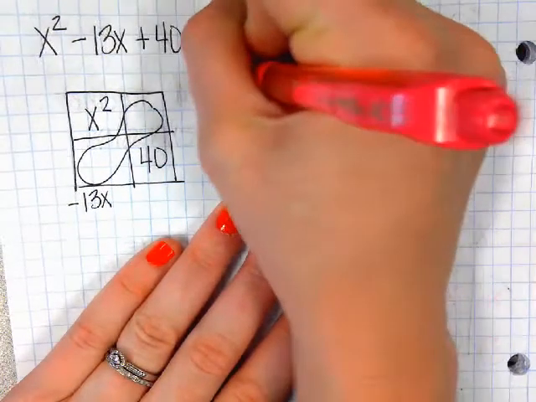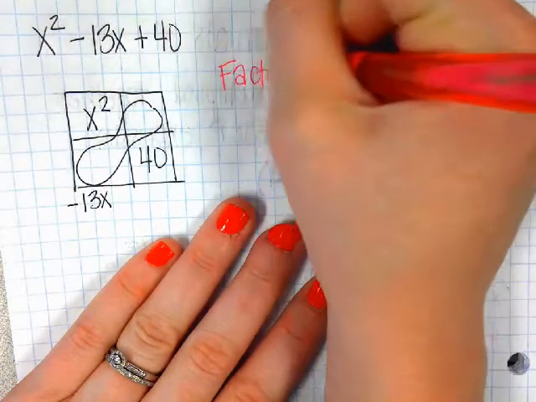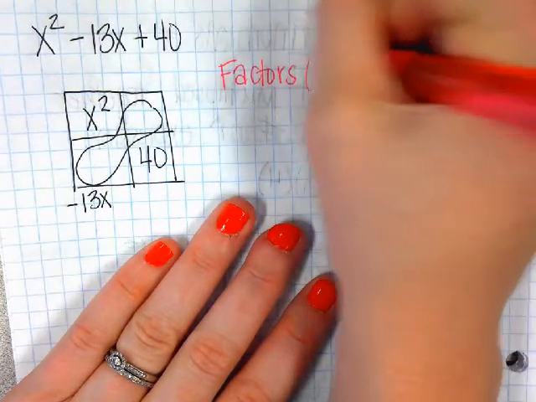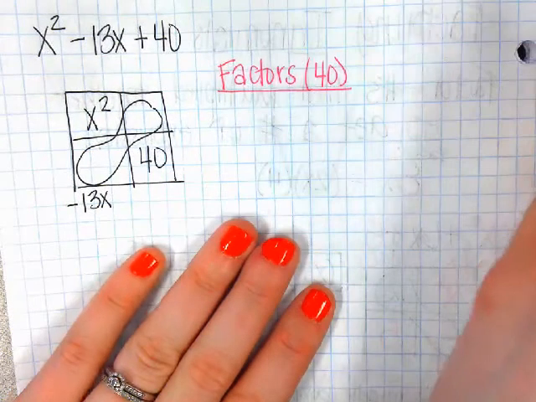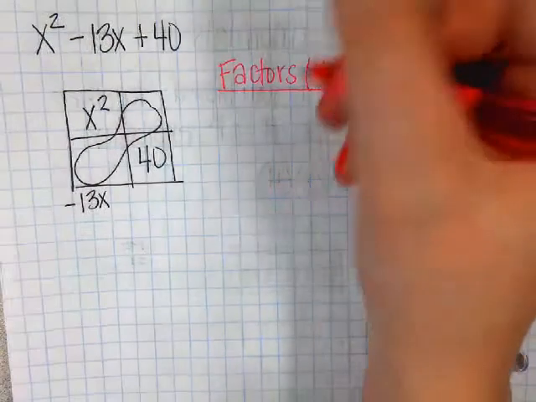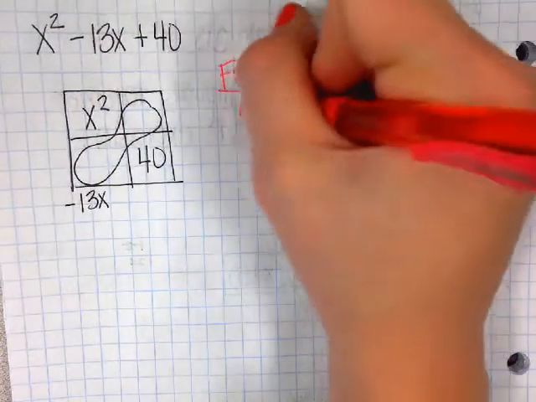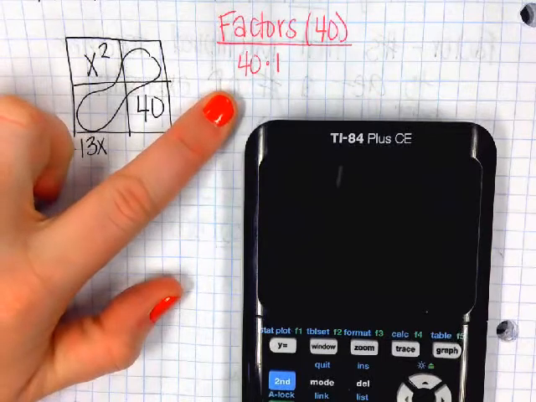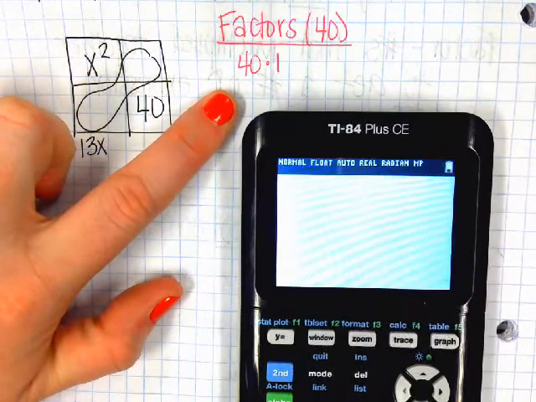Okay. Next step. Factors of 40. Forty times 1, we always know that one.